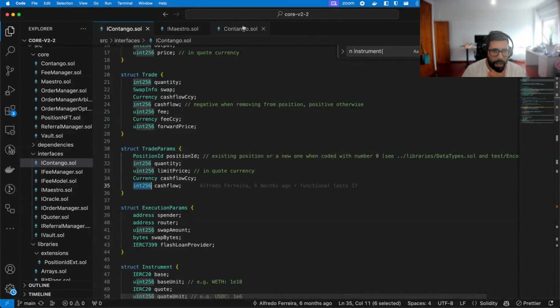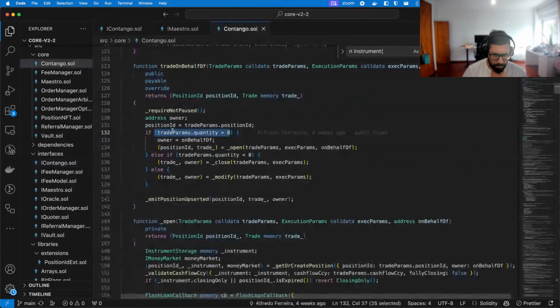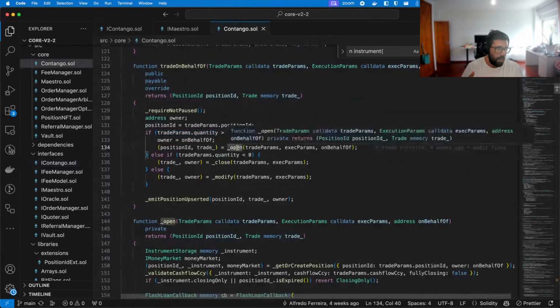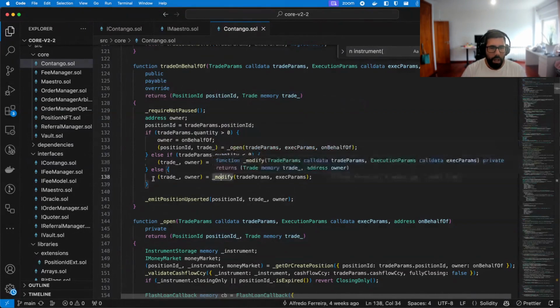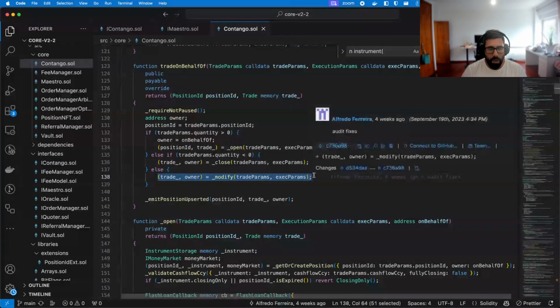So here we can rely on that information to say, if the quantity is greater than 0, it means that we are opening. And opening is meant in a broader sense: it's a create or increase of your position. In the same way, close is not just to fully close, it means to close your position partially or completely. And we also allow for modify.